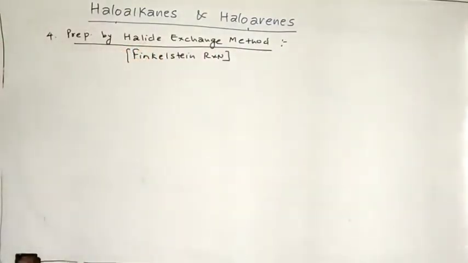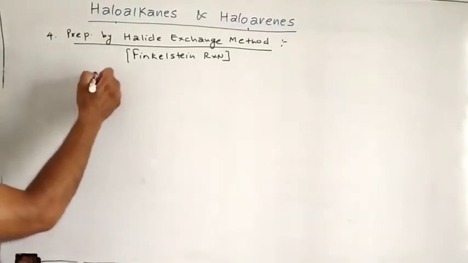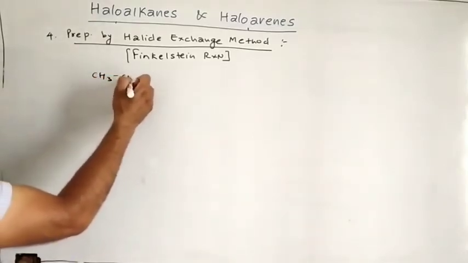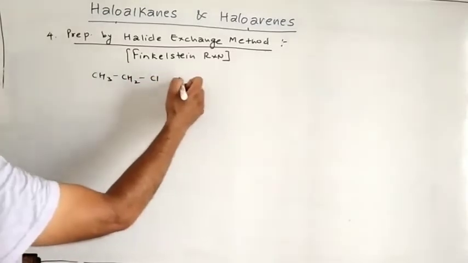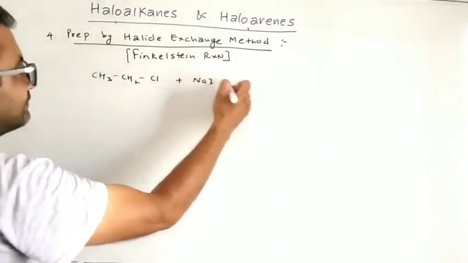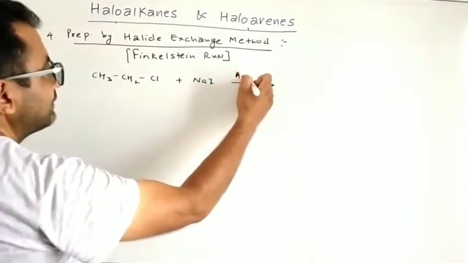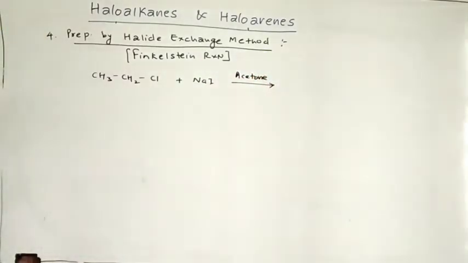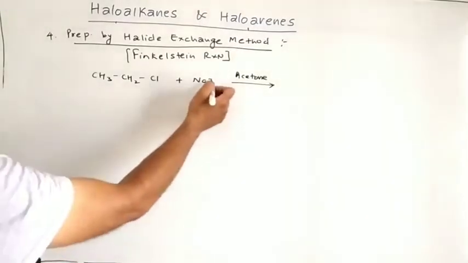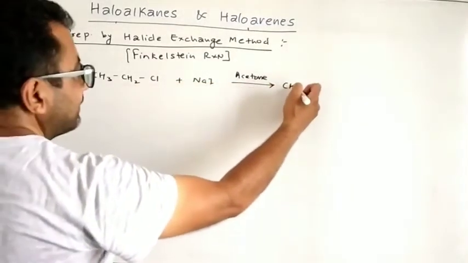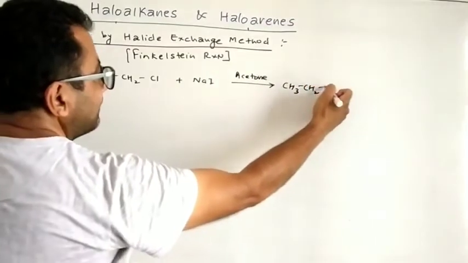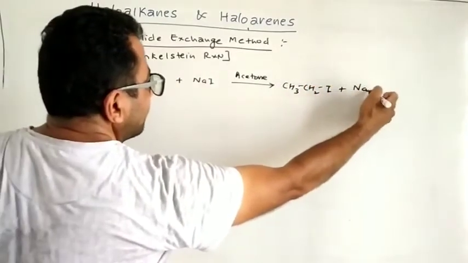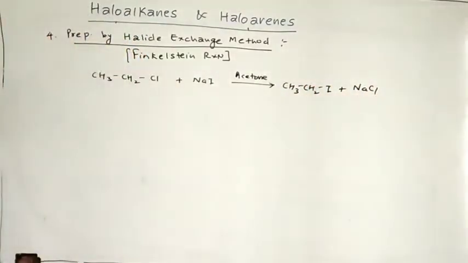What happened in this case is, suppose we have a chloride. We added sodium iodide in the presence of acetone. Acetone is a common solvent, nothing else. So there is a halide exchange. This iodine replaces chlorine, so it becomes iodoethane.